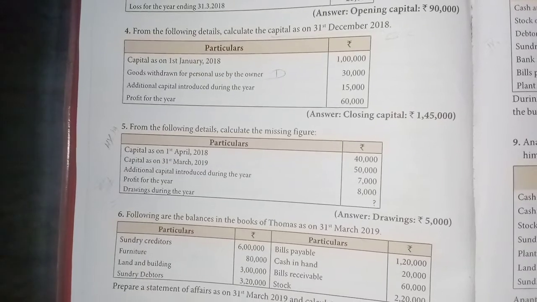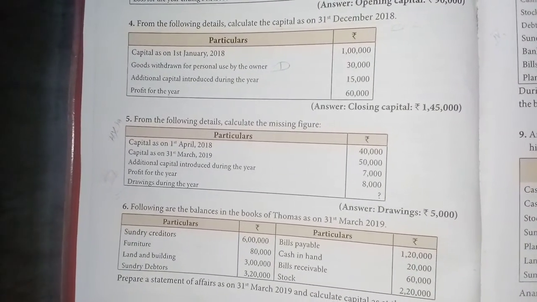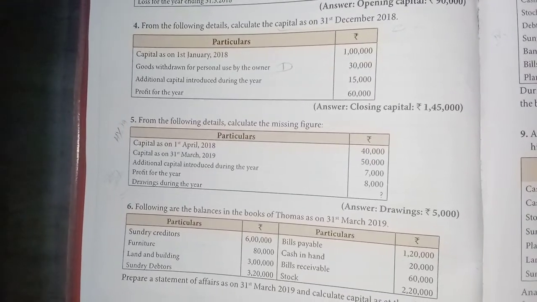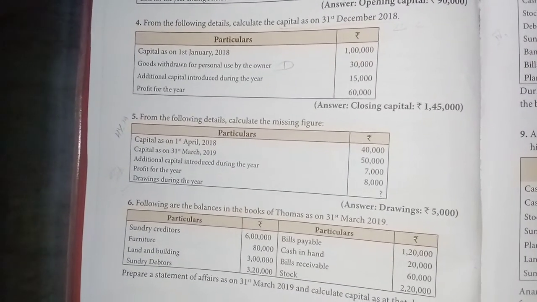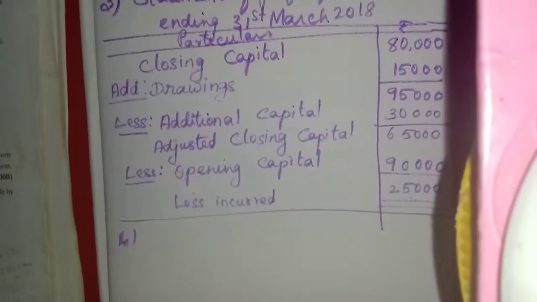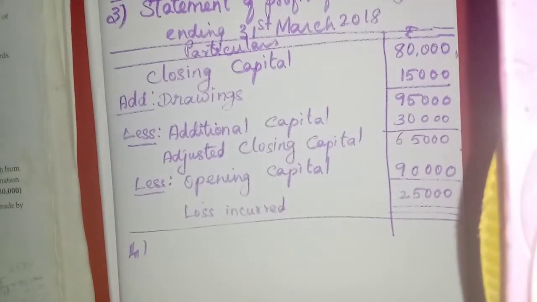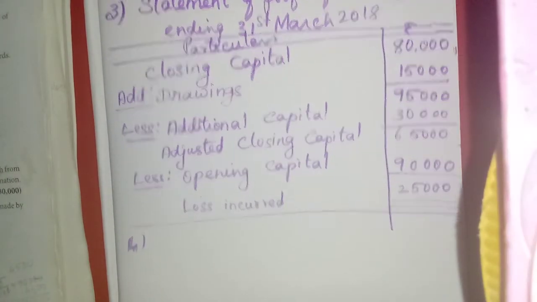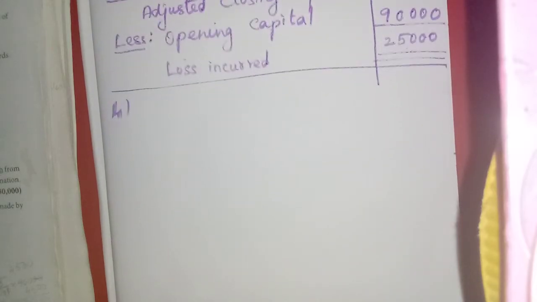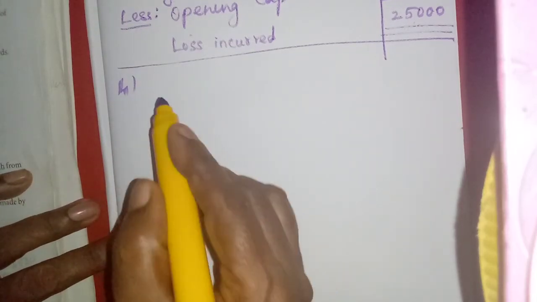Goods withdrawn, that means drawings, for personal use by the owner. So that is called drawings. Then additional capital given. Then profit given. Here we need to calculate the closing capital. So we want to write first and keep. Then we will go from reverse. Okay, from down we will go. The fourth one, we need to write the same thing.